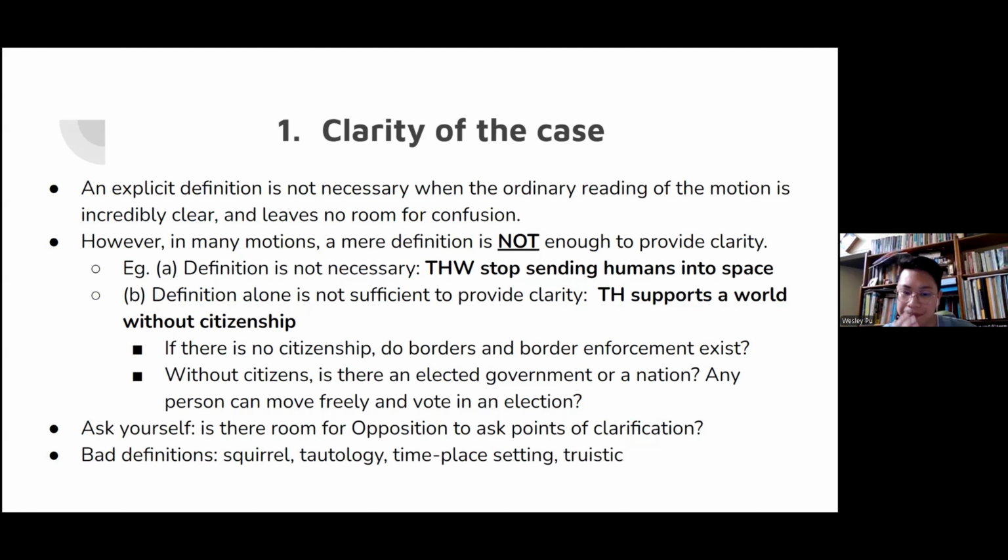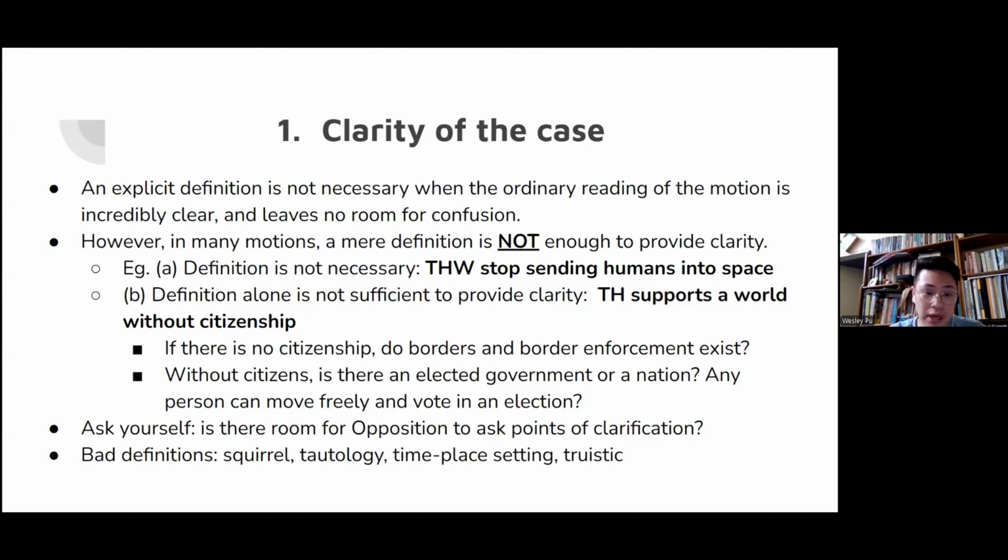For example, here, if there is no citizenship, do borders and border enforcement exist? If you don't belong to a certain country, does the concept of borders even matter? Because by logic, borders matter at the point in which you're a citizen of one country, and when you pass over the border to another, you are a citizen of one country in a foreign land. So if there is no citizenship, are there borders?